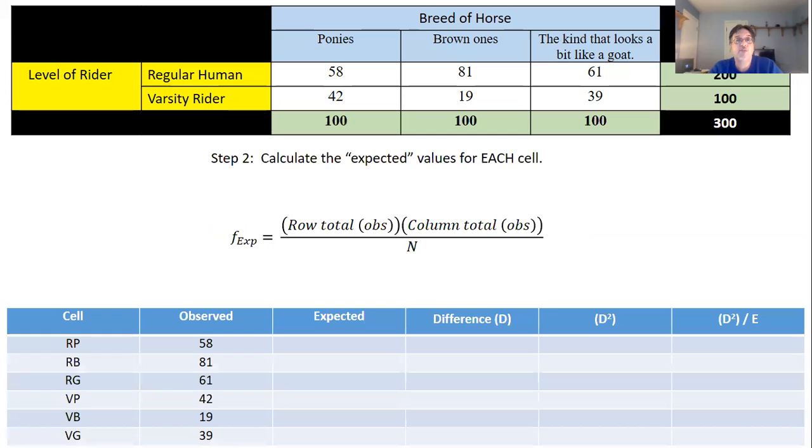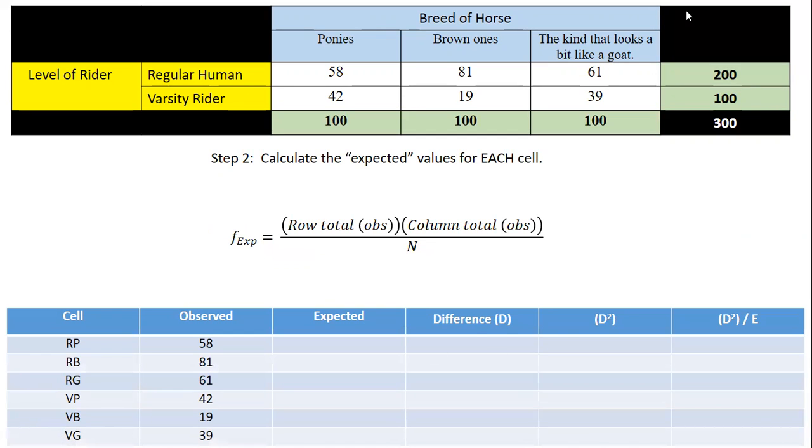All right, let's see. So the column totals 200, 100, 300, and then 100, 100, 100 going across. Now our next step 2 is going to be calculating the expected values. For each of these cells, you are going to solve for each of these individual expected values.